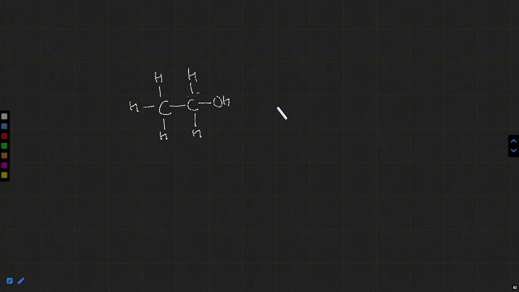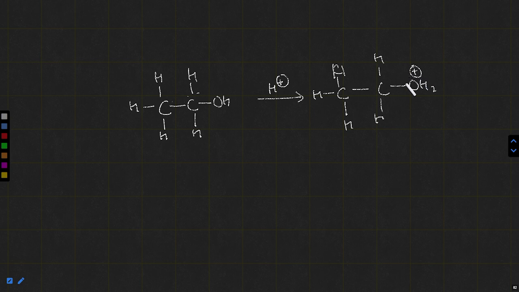We have to do the acid dehydration. So first, we will protonate this O with the help of H+, as the condition is acidic. So H here, and OH2 with a positive sign.